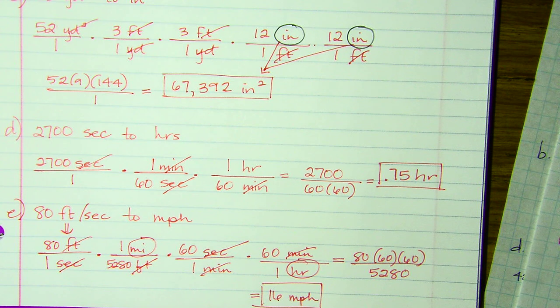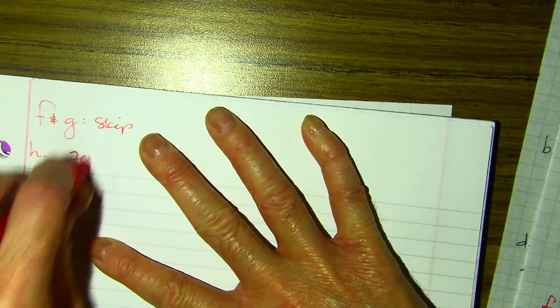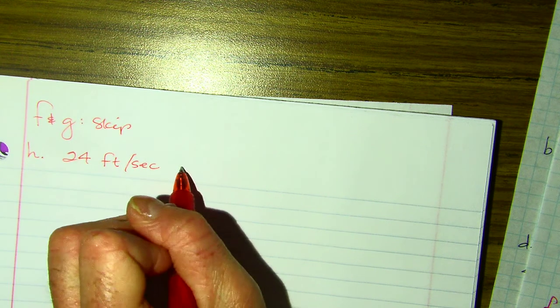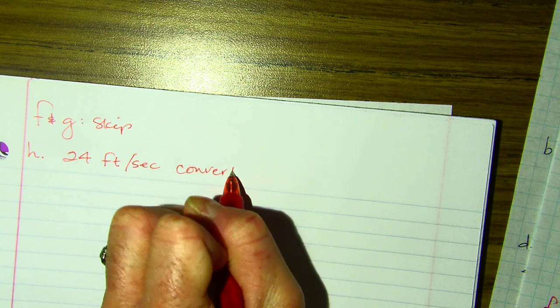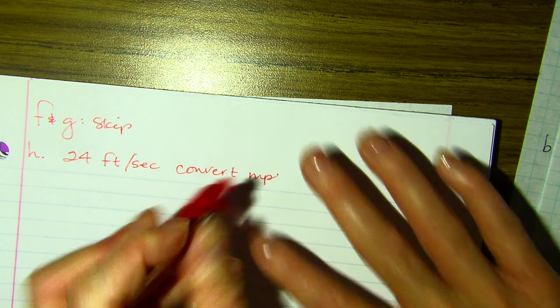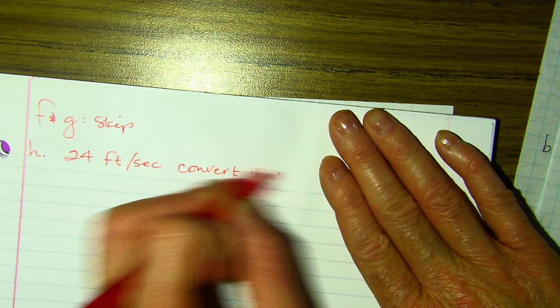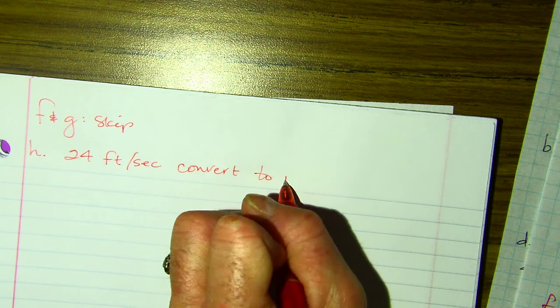Alrighty. F and G, they're just having you guys add and multiply. And so I'm going to skip F and G. But I will do H. H is 24 feet per second converted to miles per hour.